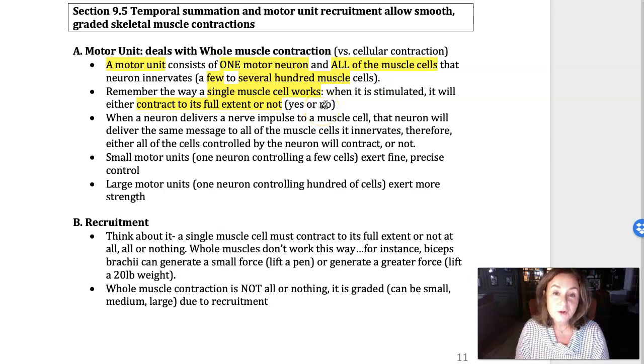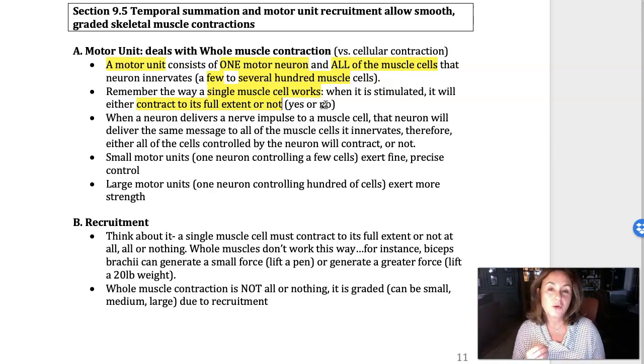But with a whole muscle, because a muscle is made out of many, many motor units, what will happen is the muscle is going to be able to use some motor units or more motor units or all motor units, giving a graded response, what you'd call a graded response, which means that the whole muscle can contract with a light contraction, so I can pick up my pen, or a stronger contraction, I can pick up my phone, or a really strong contraction, I can try to pick up my desk and maybe I can generate that force and maybe I can't.